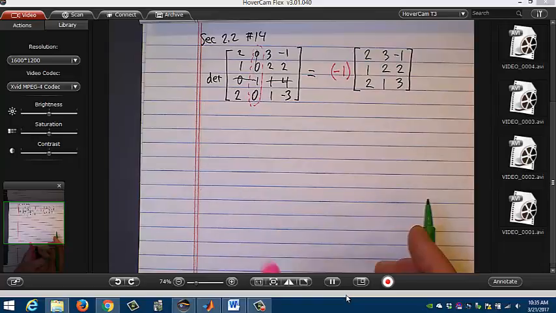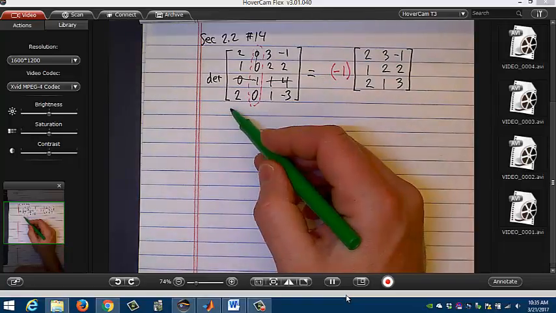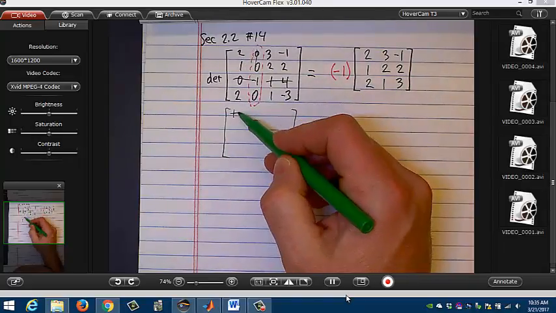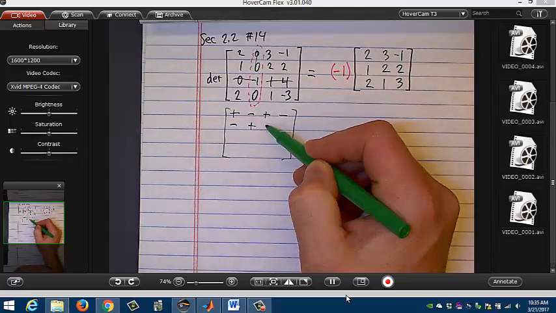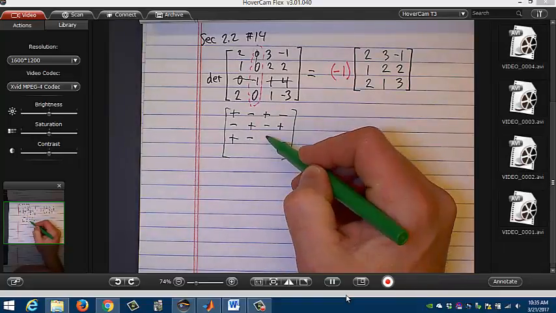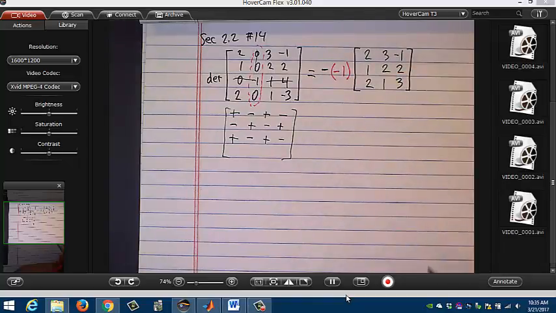Now, one other question I have. Do I need a plus or a minus here? Well, I guess when I look at the original matrix, remember we have to kind of see where that is. We follow a checkerboard pattern, starting with plus in the upper left-hand corner. So there's a minus sign there. See that? So that means I need a negative in front of that.